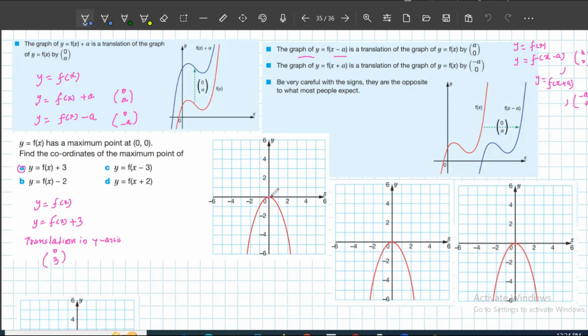So your new answer: our maximum point was (0, 0). After applying this translation vector, it will affect only the y element, meaning (0, 3). This is your new maximum point after translation. So 3 units straight up from the maximum point.